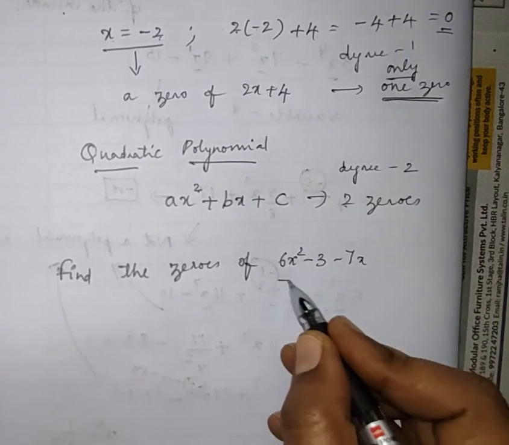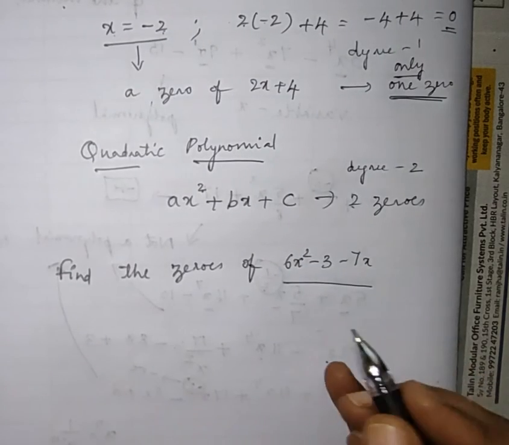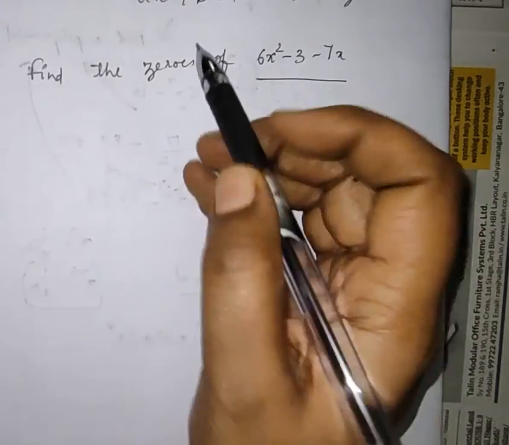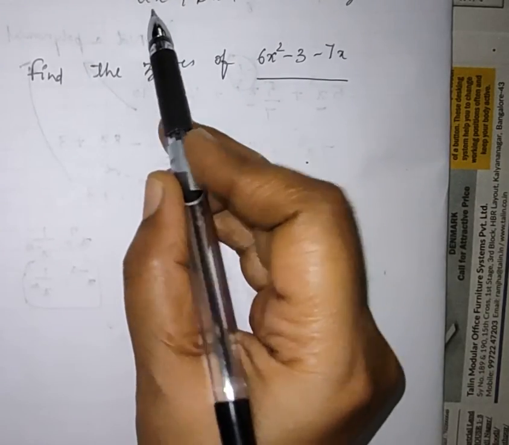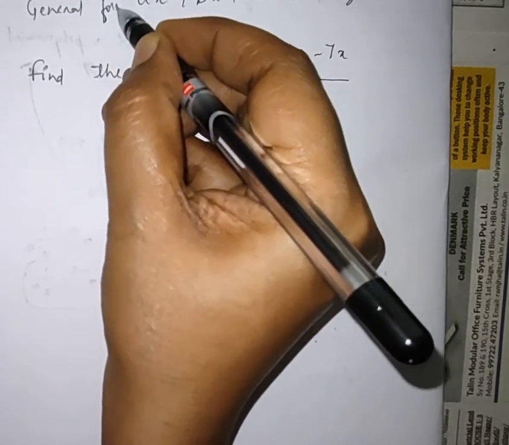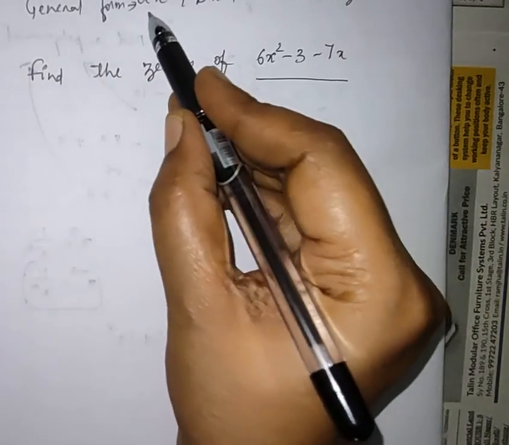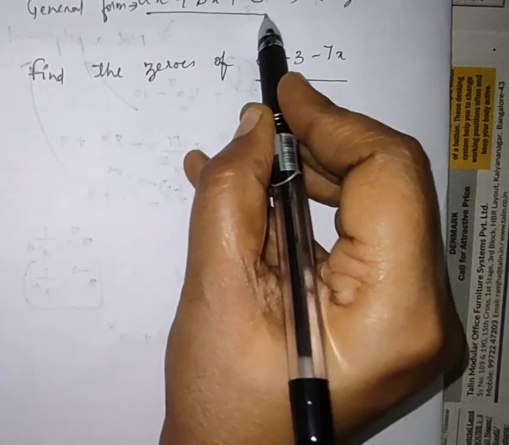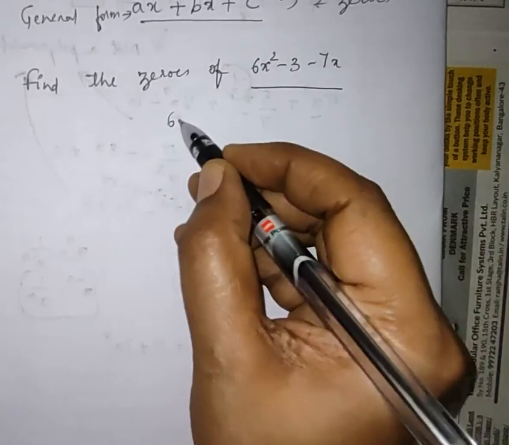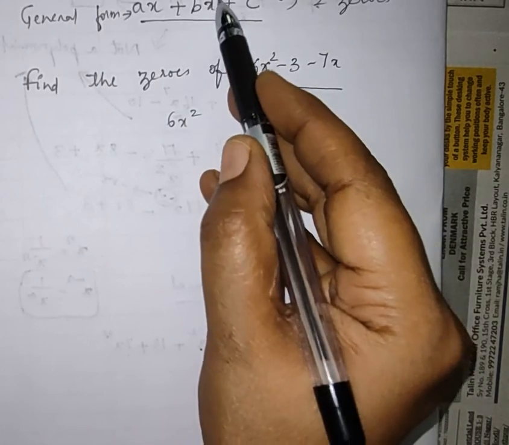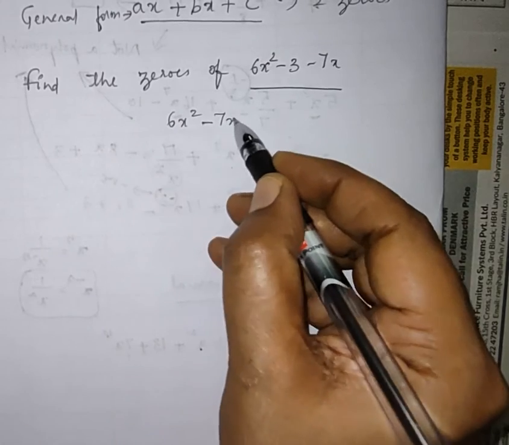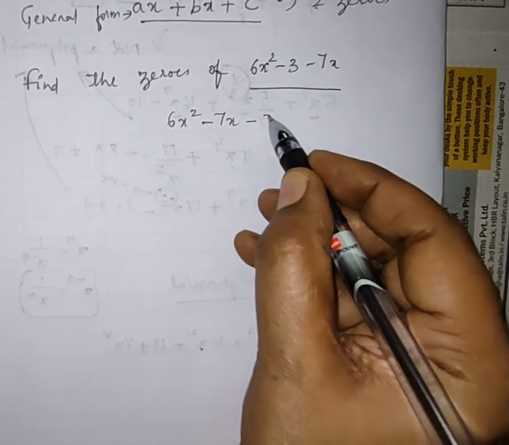The quadratic polynomial should always be in the standard form, ax square plus bx plus c. The term having power 2 should be written first, and the next term, having power 1, should be written next. So minus 7x comes next, and minus 3 should be written at the end.